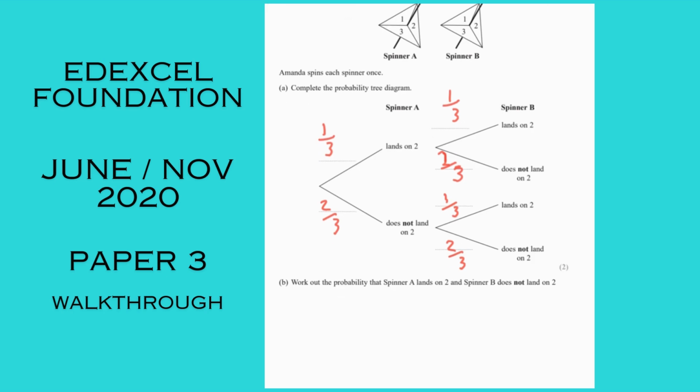Work out the probability that spinner A lands on a 2 and B does not land on a 2. So it's this branch there. So that's a third times by 2/3. On your calc if you need to, but it's top times top, bottom times bottom.